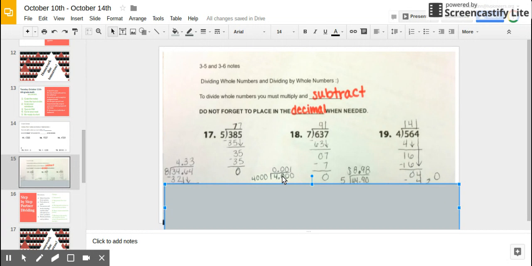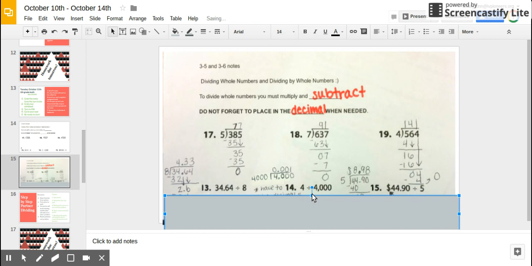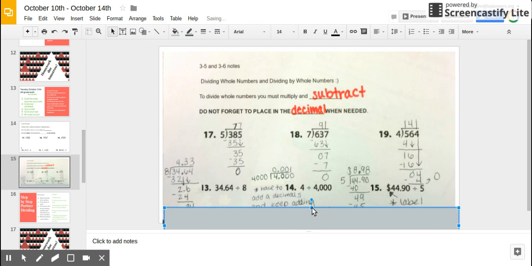And then I had again 4 with a third 0, so now I'm looking at 4,000. Well, 4,000 can go into 4,000 exactly one time. So that one was probably the most confusing type of scenario you'll run into when working with dividing decimals by whole numbers.